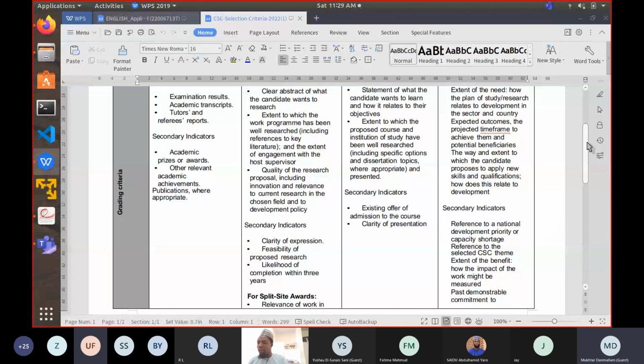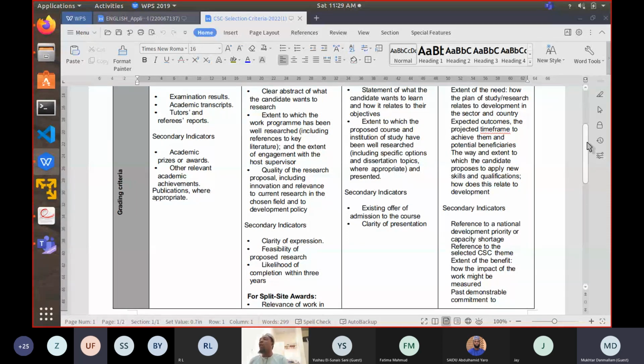For example, you are in Nigeria, in Katsina here, and there is a course that has to do with security. The security challenges we have in Katsina here in Nigeria are a kind of national priority problem.